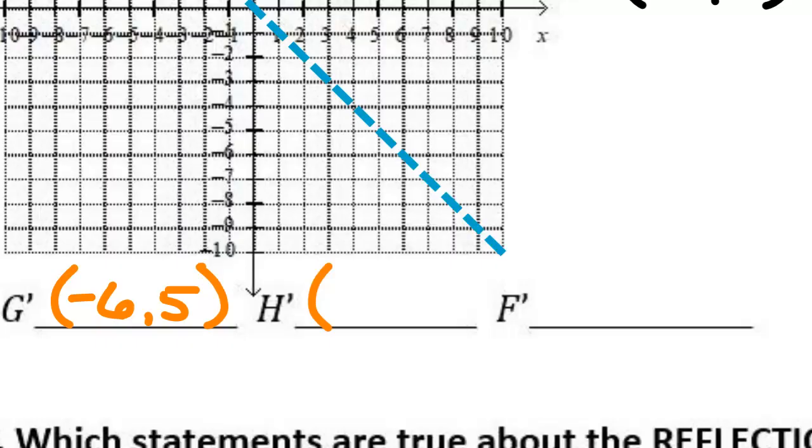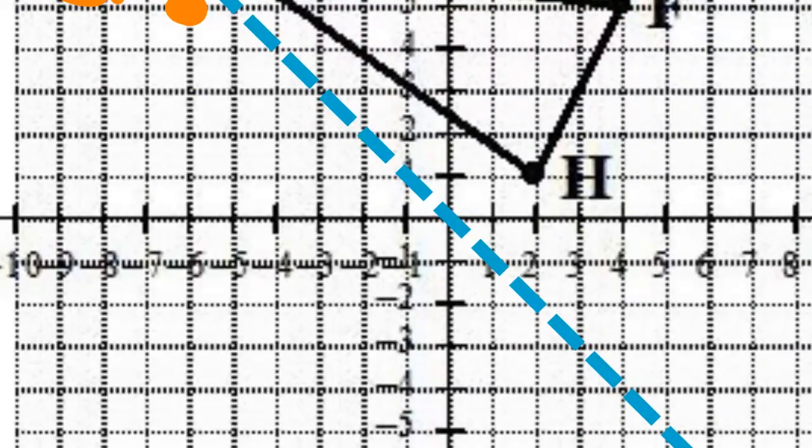Yep, 1, 2, and then we change both of those signs so it becomes -1, -2. Flip them around first and then change their signs. So -1, -2. Right here is my H prime.